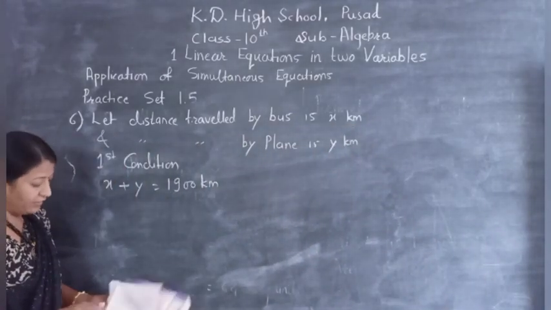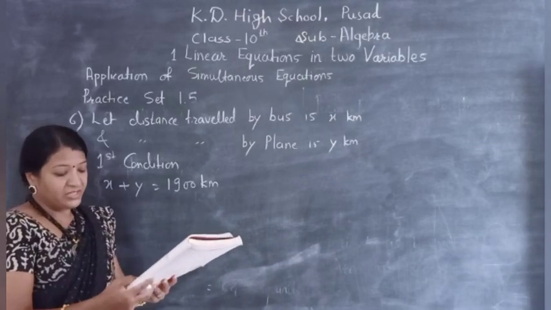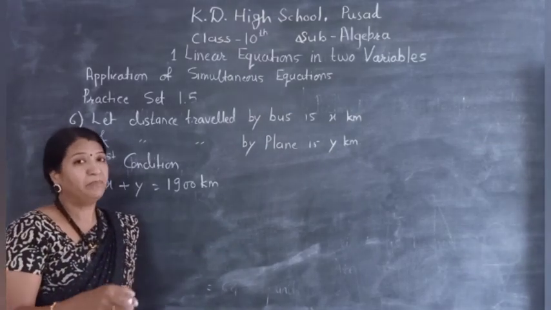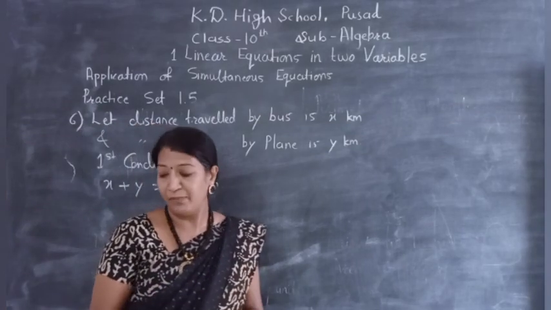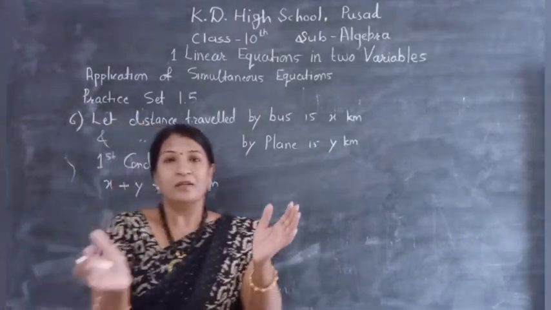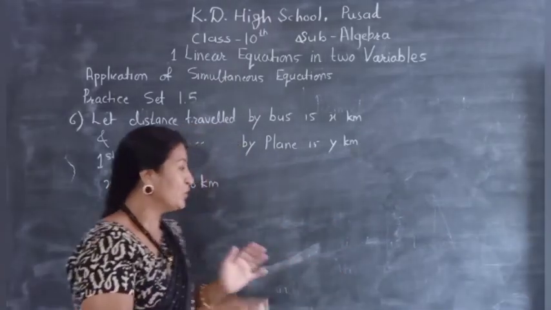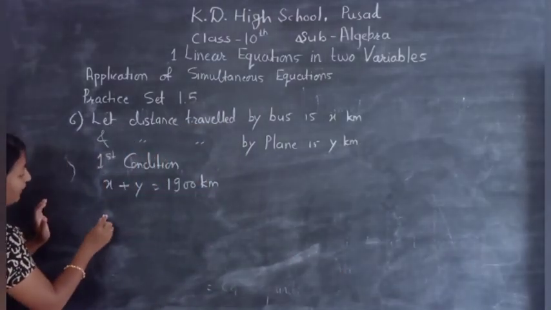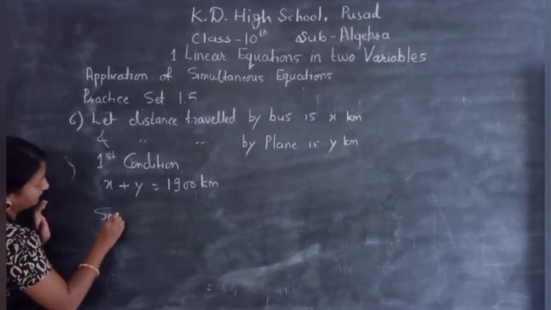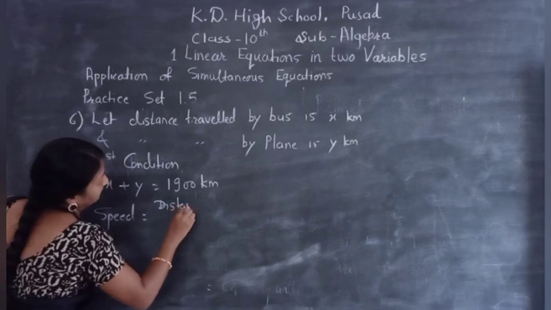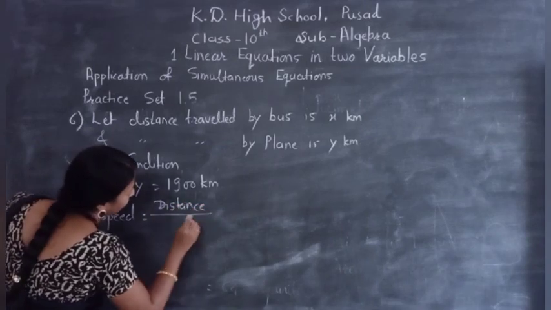Now we know that. And the average speed of the aeroplane is 700 kilometer per hour, and the total time taken by them is 5 hours. It means we have to convert the units given in terms of the time. So we know the formula: speed is equal to distance upon time.